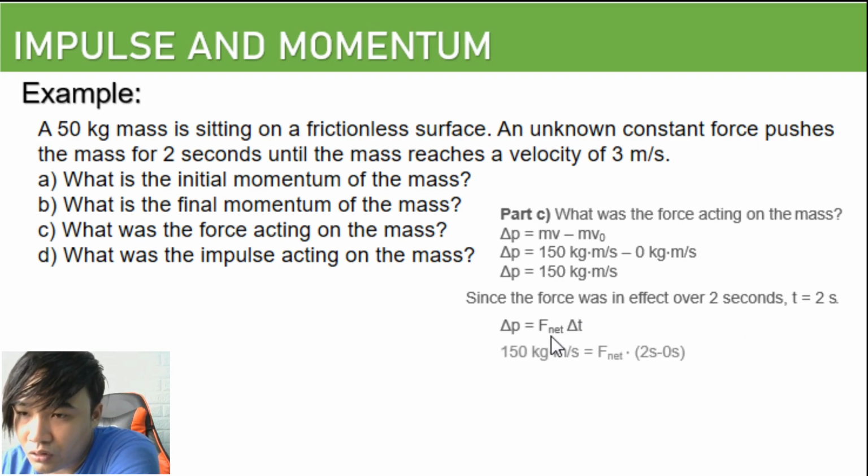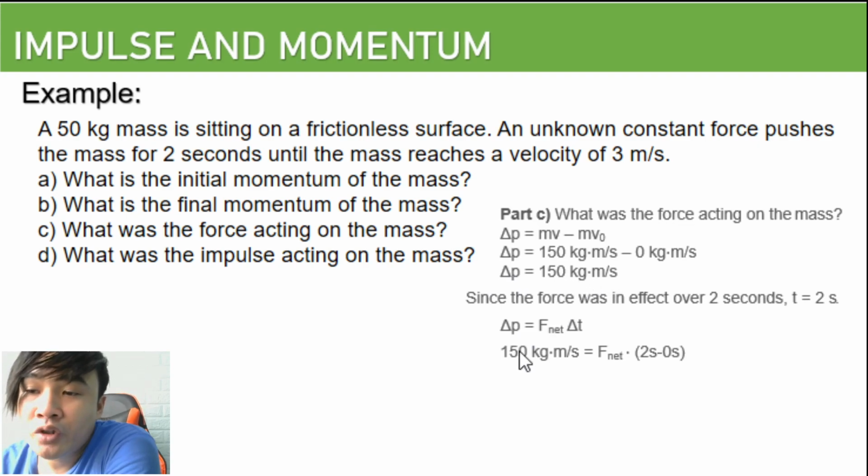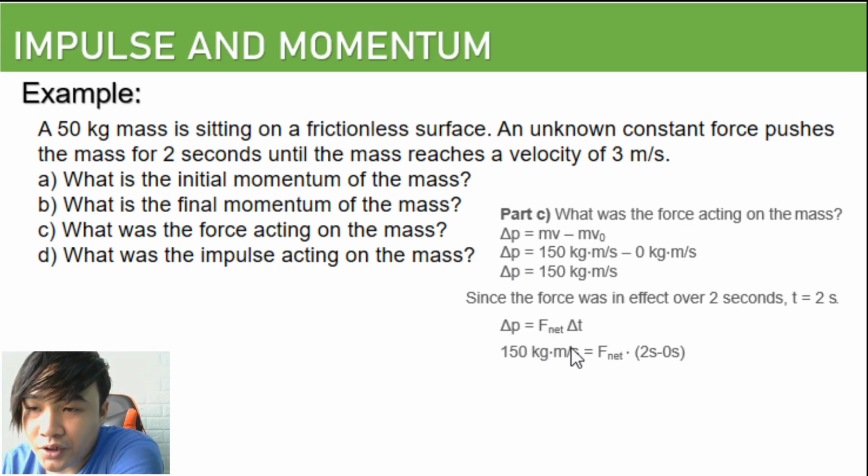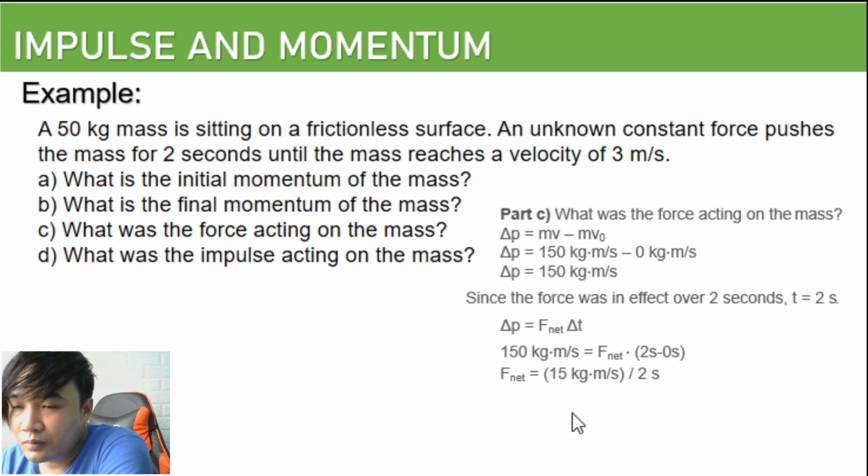So yun lang yung ano natin. So yung dati kanina is 150 kilogram meter per second is equal to yung hinanap natin kasi what was the force acting on the mass, di ba? Ayan. Net force, then yung change in time natin 2 seconds minus 0 second. Then di-divide lang natin siya by 2 second.